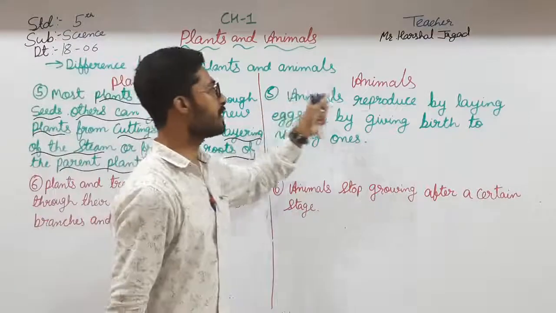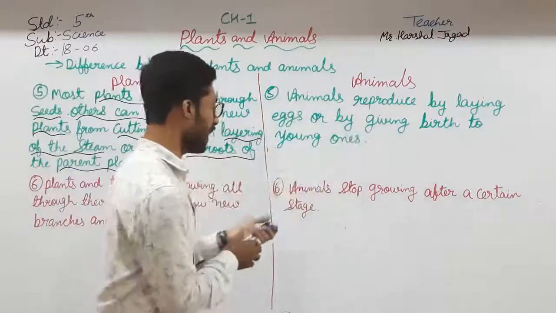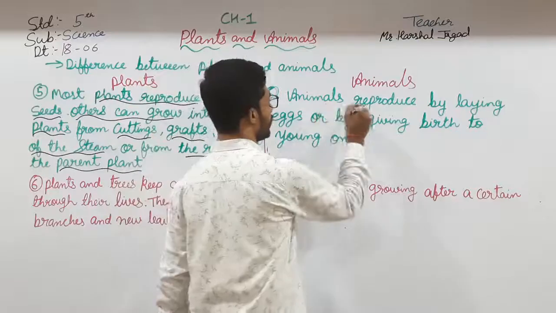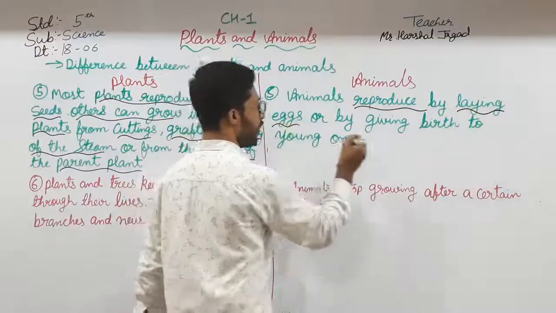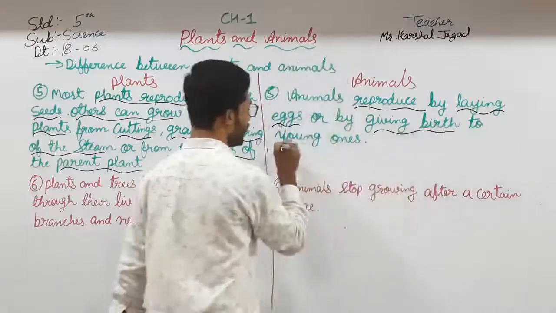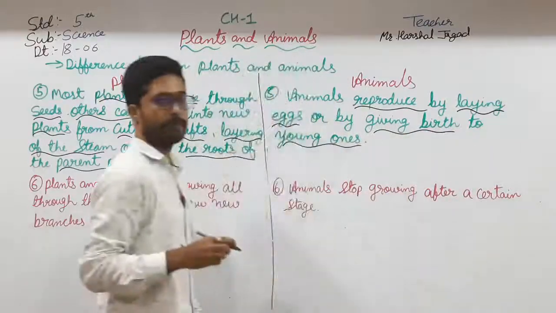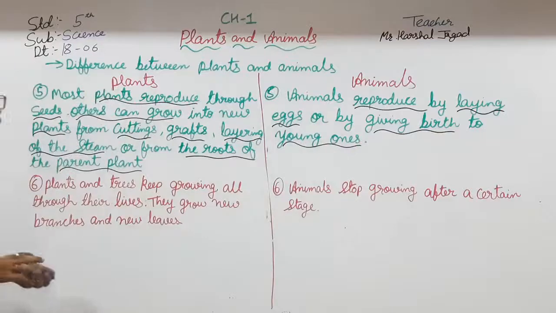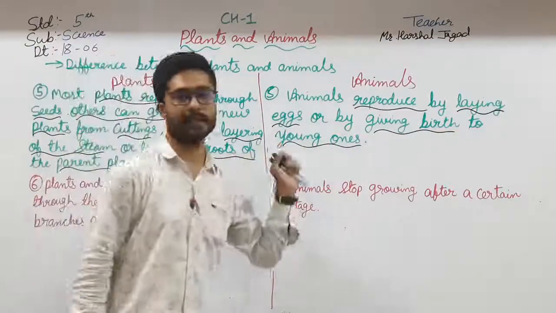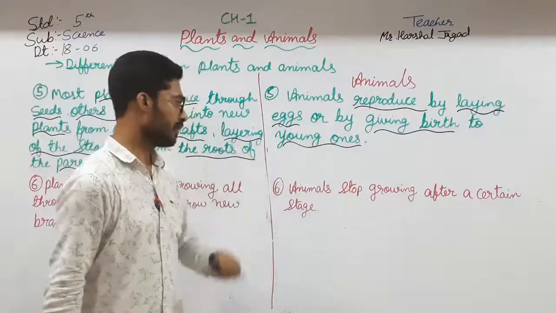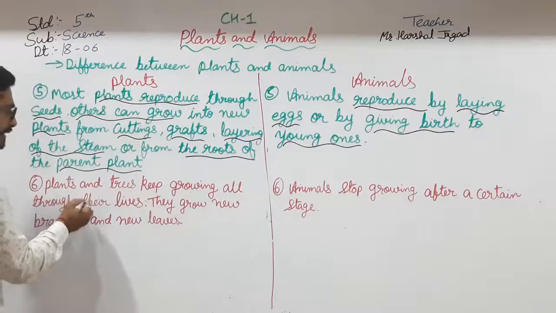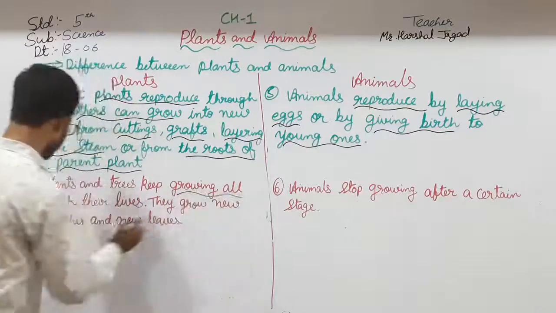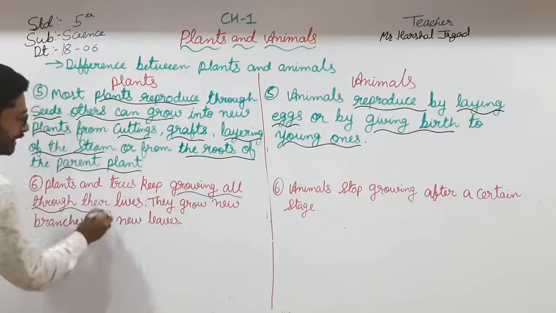Here animals reproduce by... How do the animals reproduce? The animals reproduce by laying eggs or by giving birth to the young ones. Okay, and plants and trees keep growing all through their life.